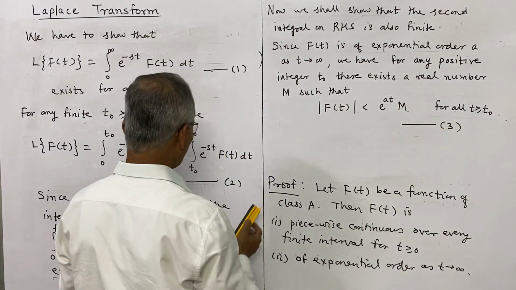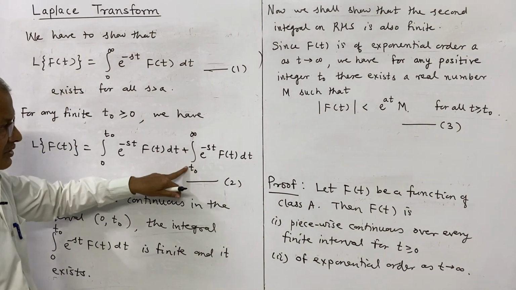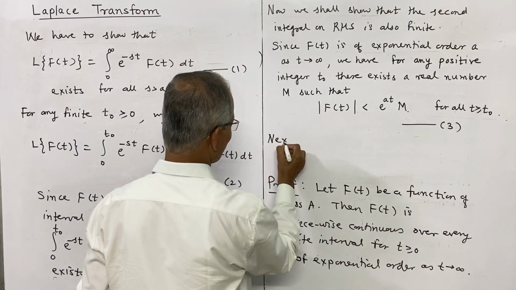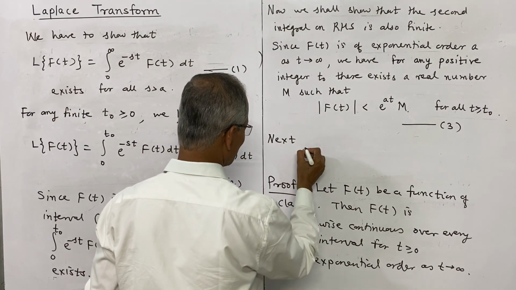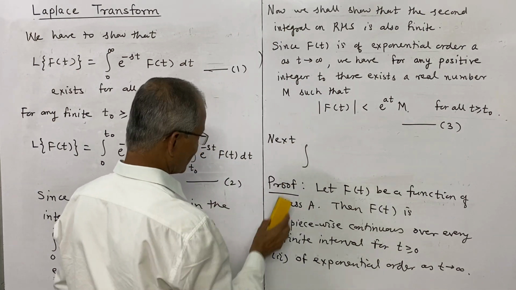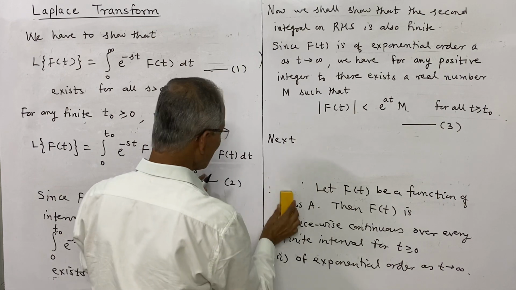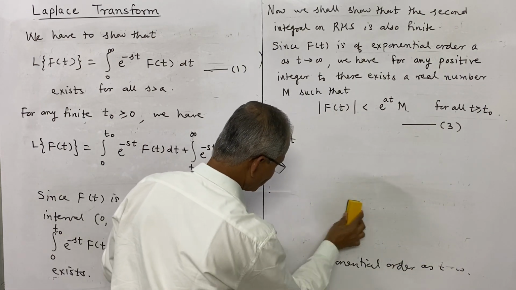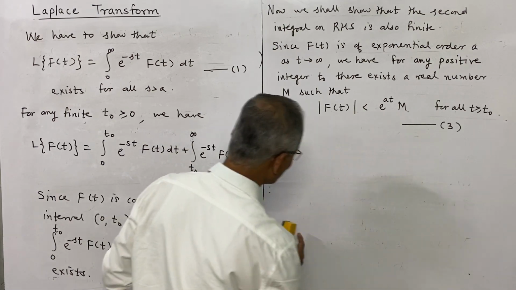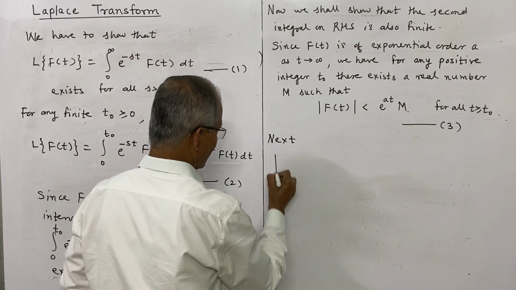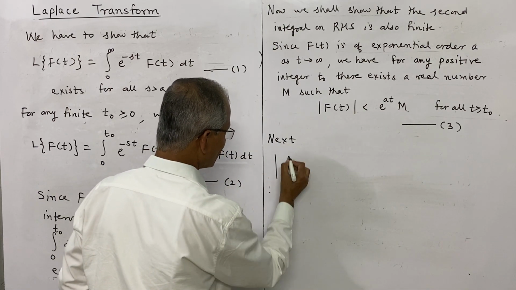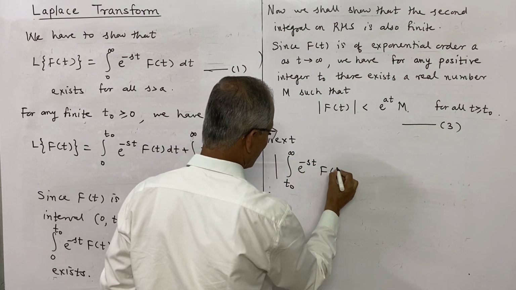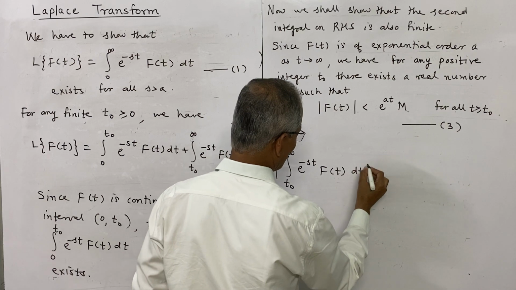Now we will take the absolute value of this integral, the integral from t naught to infinity of e power minus st f of t dt.